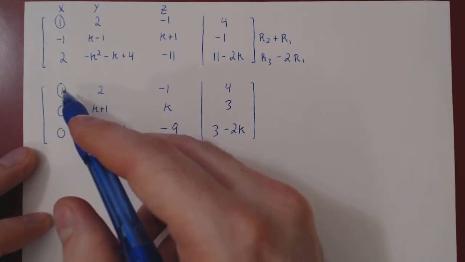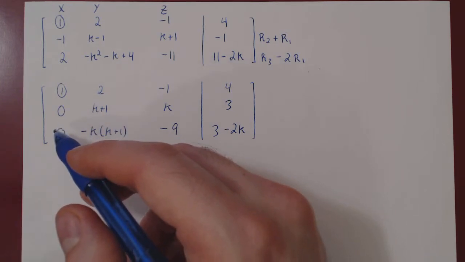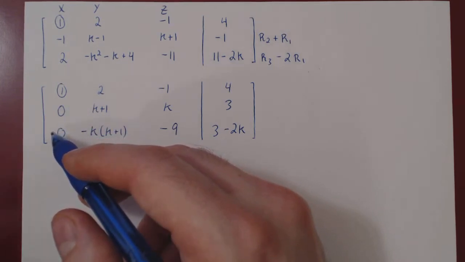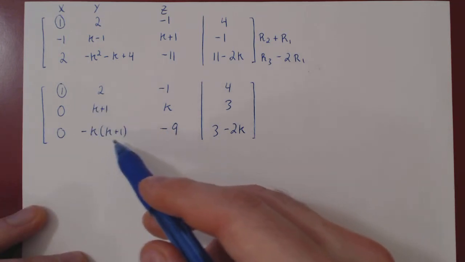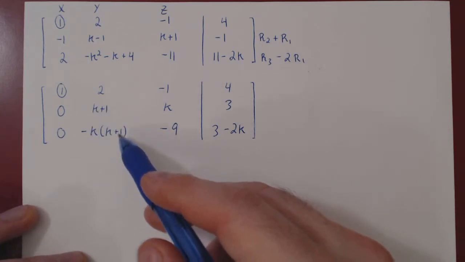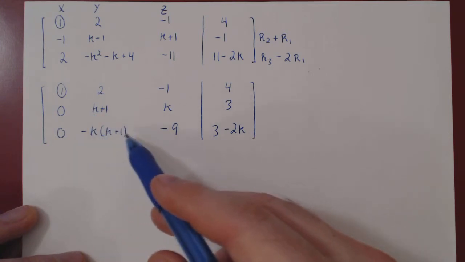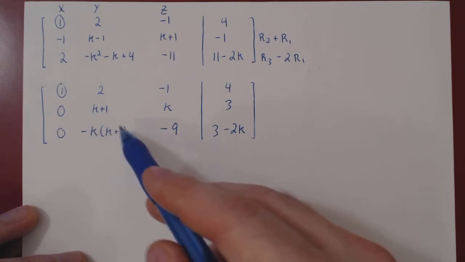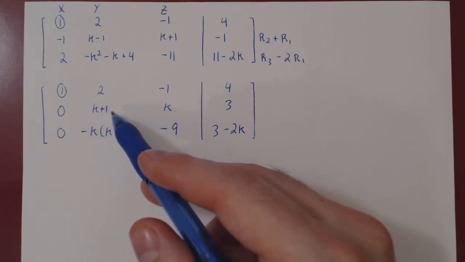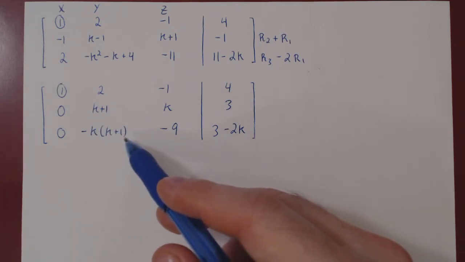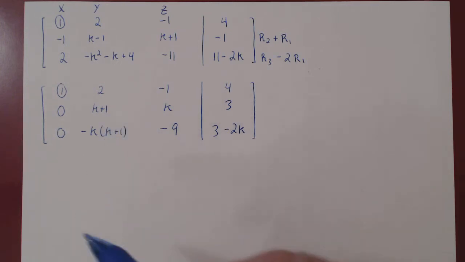So we have our first leading one. We've killed the entries below. We are now on the hunt for our second, and here the keyword will be potential leading one. Both entries here are potentially 0. If k is negative 1, they're both 0. If k is 0, this one is and not this one. So we can't just divide here by k plus 1 or by negative k plus 1 because both are potentially 0.